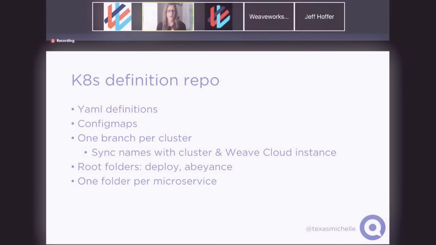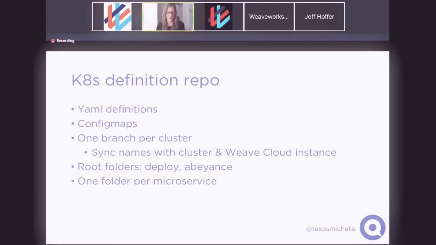And the other thing that I wanted to point out is that we started out by just having Weave access the root of the repo, and it would just deploy everything. One little trick that we found is to have two different folders in the root directory, one of them called deploy with all of our live changes. So it's the current status of a cluster, and that's what we point Weave at.